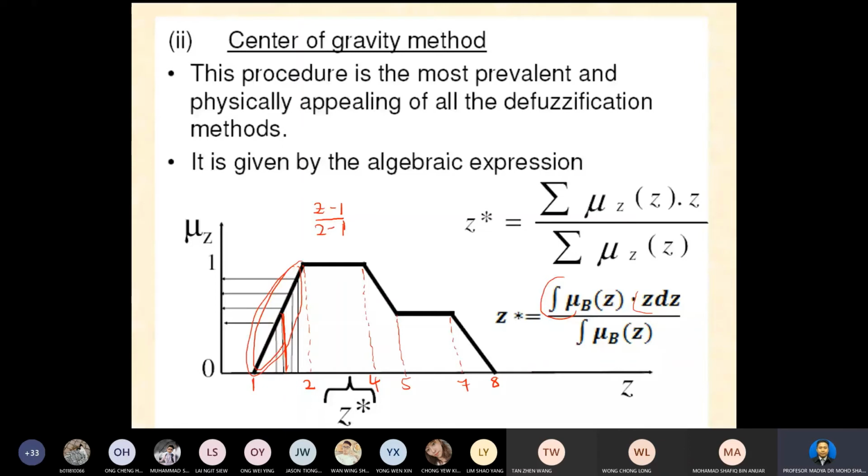We put some z here. So this is the equation for this one. This one the membership value is 1.